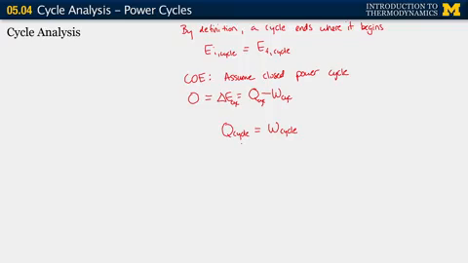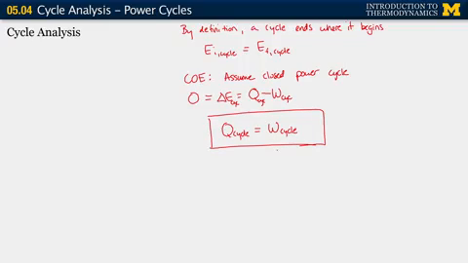This is a statement of the first law of thermodynamics. It is always true. As long as you can define a system as being a closed cycle, this is a statement of the conservation of energy, and it has to be true.